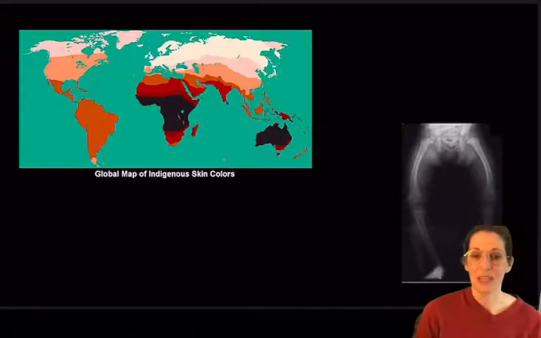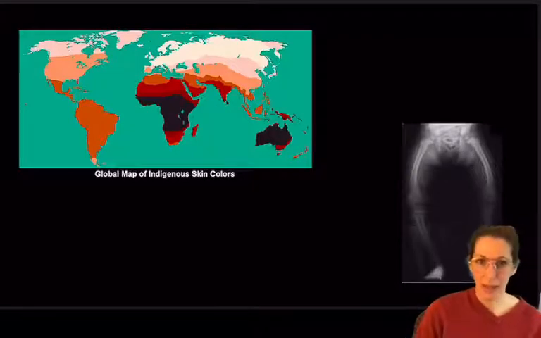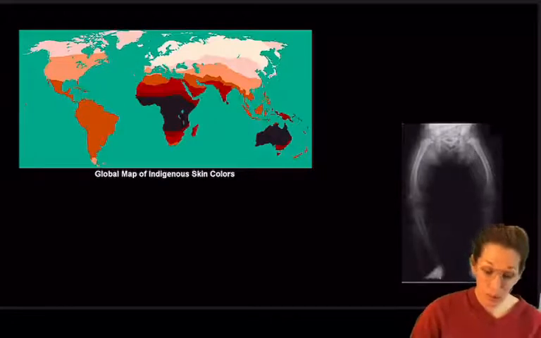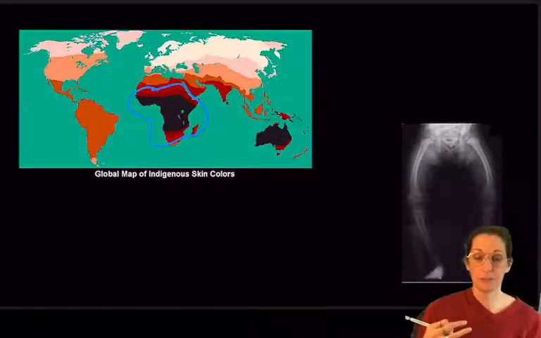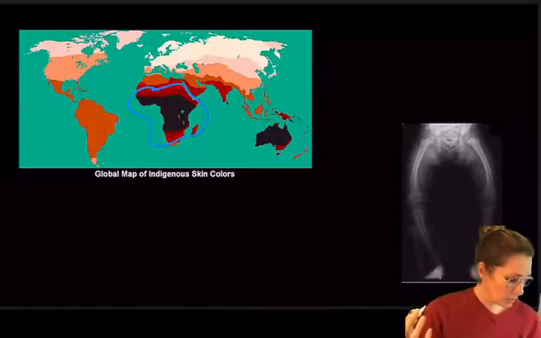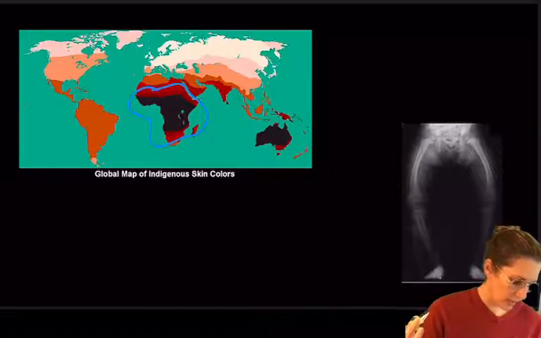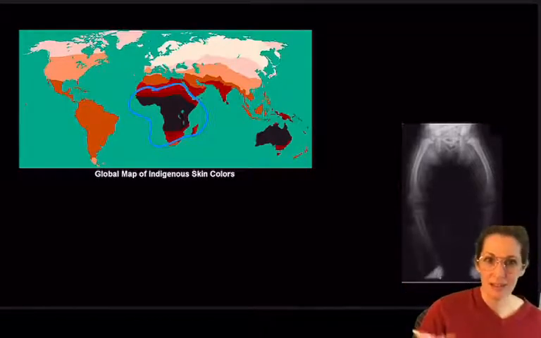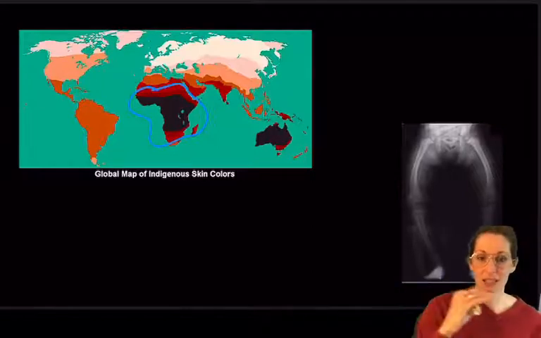Another example is skin color. If you look at this map, what we're looking at is indigenous skin colors, the skin colors of the people who are indigenous to that area. Modern humans evolved, we know, in Africa, which is near the equator.